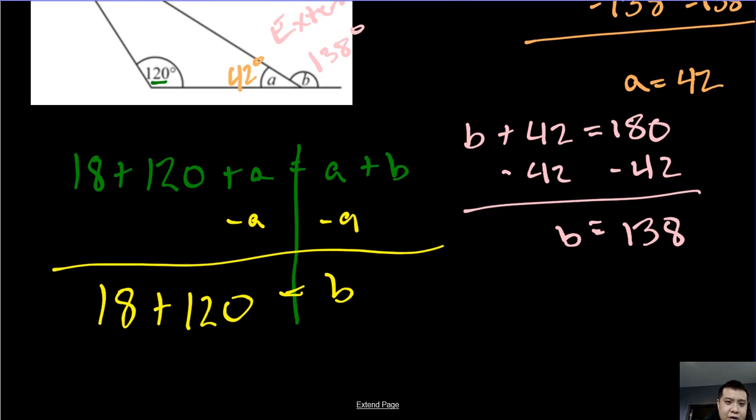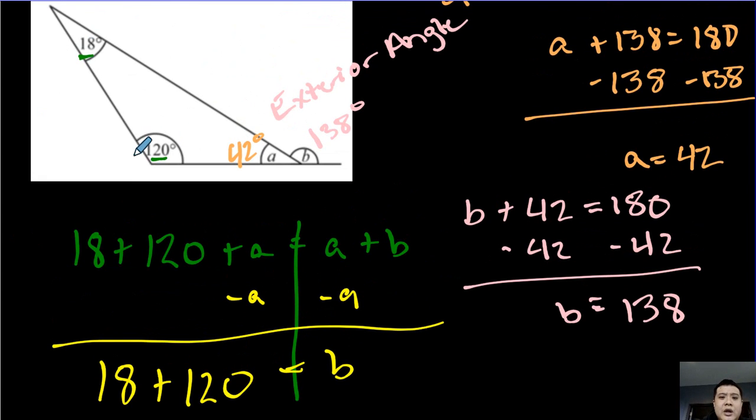So the exterior angle is always going to equal the two known interior angles. That's a very important idea. Okay, make sure you have that in your notes, and we'll talk to you guys soon.